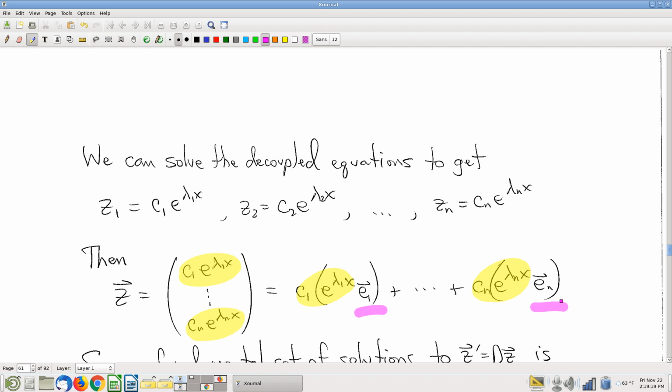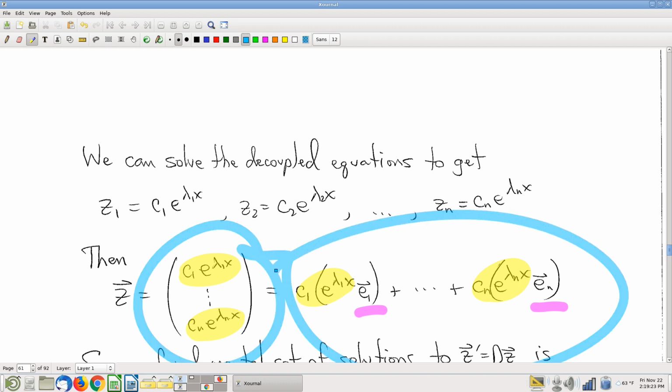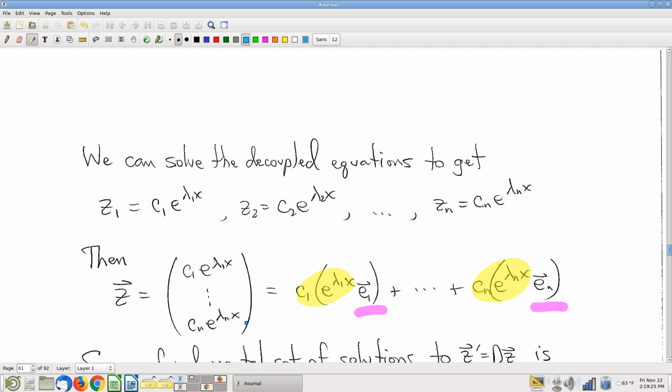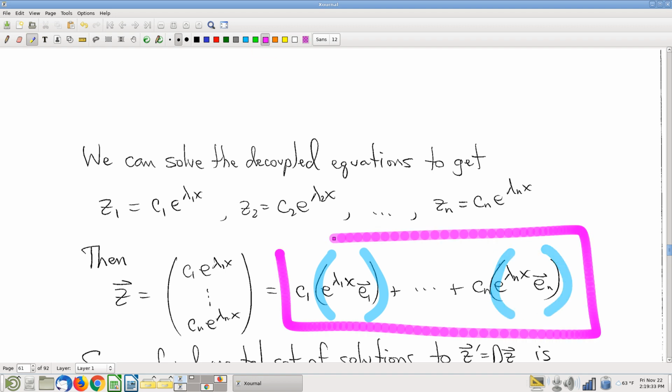And then, having rewritten this as that, I can then move parentheses around a little bit. And notice I now have arbitrary linear combinations of these vector-valued solutions.